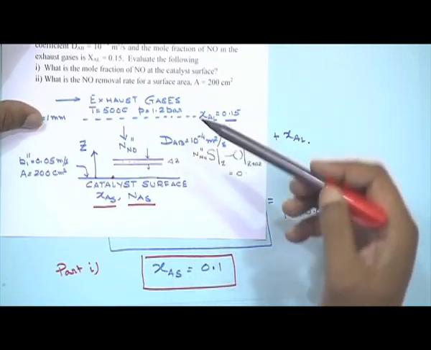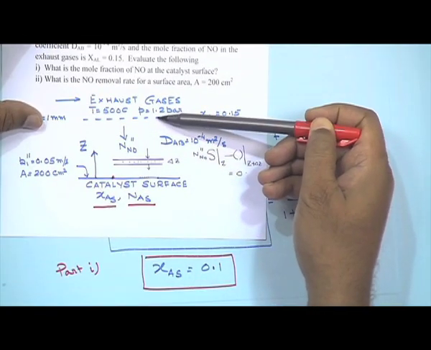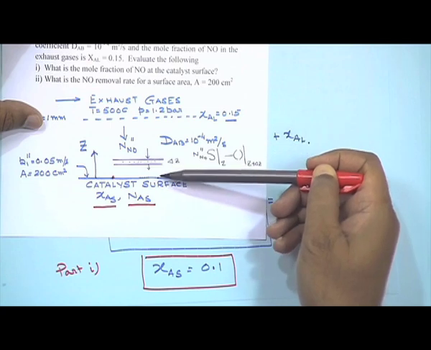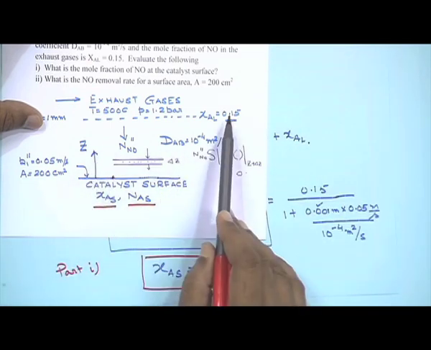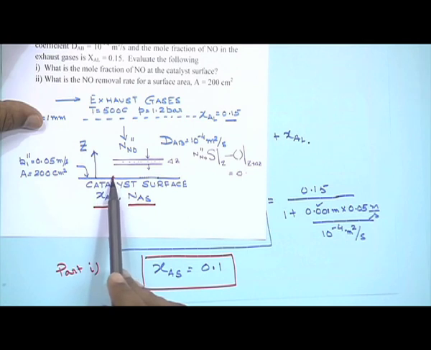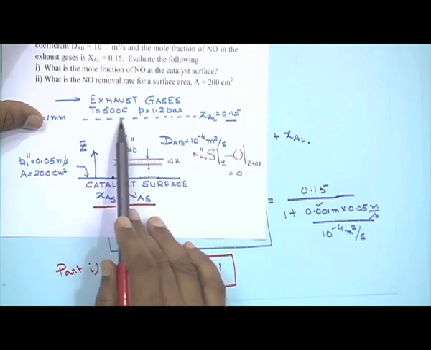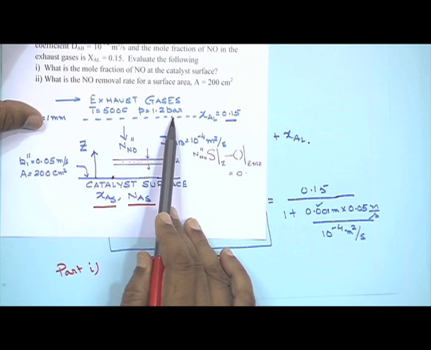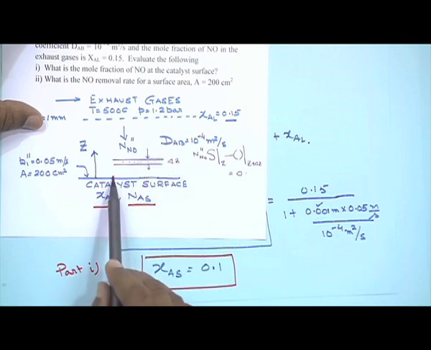Therefore, the diffusion from higher concentration towards the lower concentration would take place because of the difference in mole fraction that exists between the edge of this stagnant film and the catalyst surface.